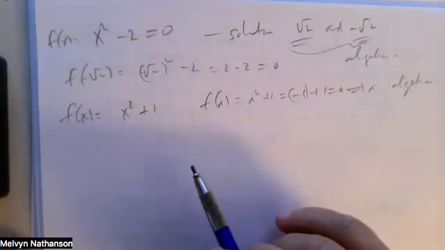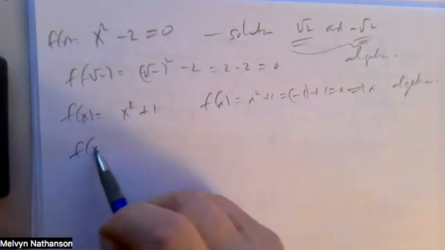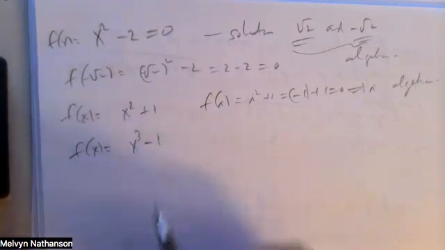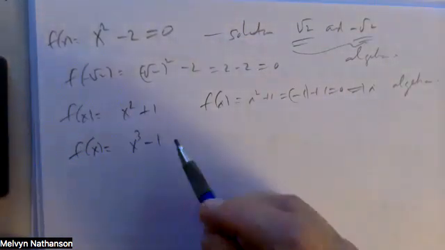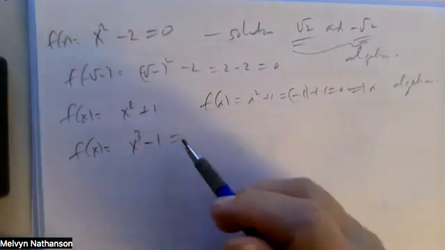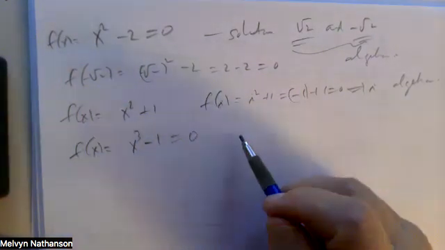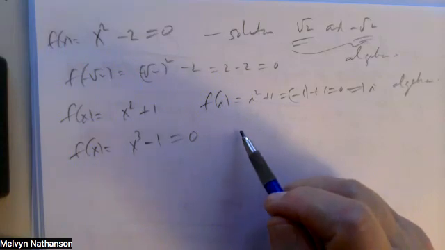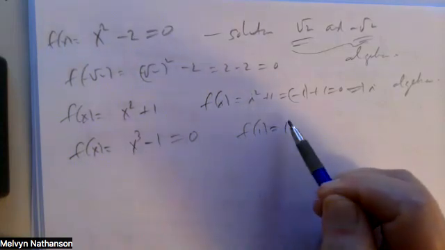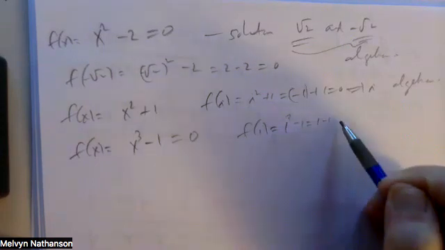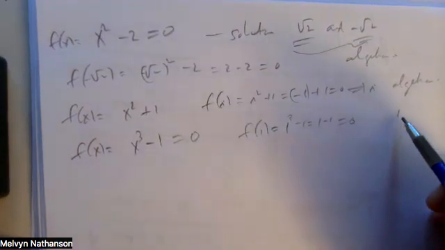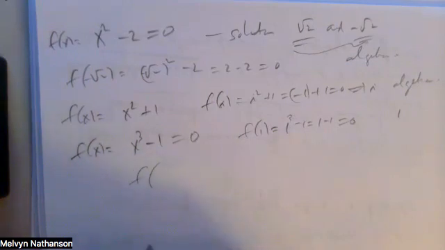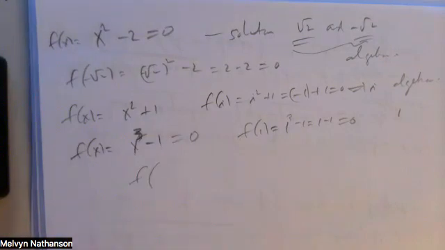And so on. If you take the equation f of x equals x cubed minus 1, this is a polynomial of degree 3. What are the solutions? f of 1 is 1 cubed minus 1, which is 1 minus 1 equals 0. So 1 is a solution. Sorry, let's make this x cubed.